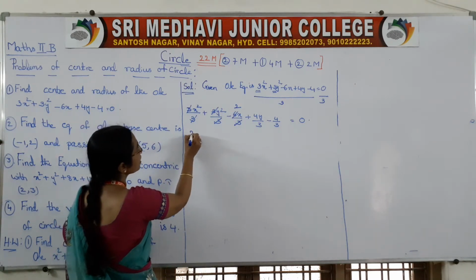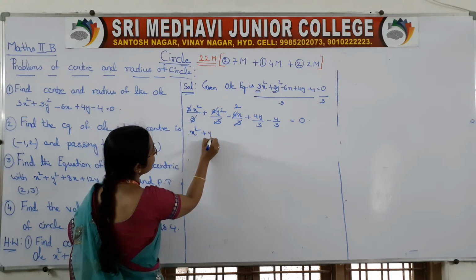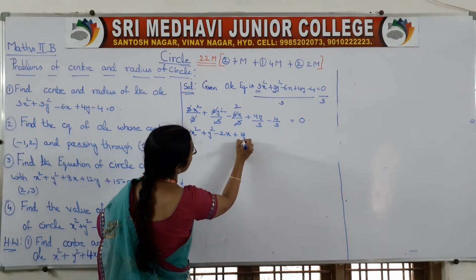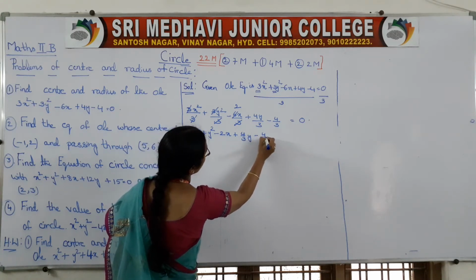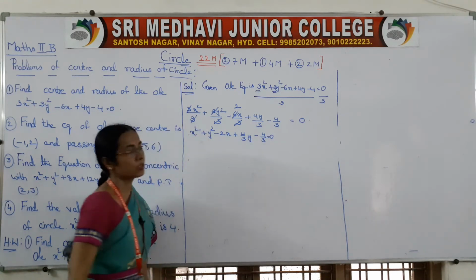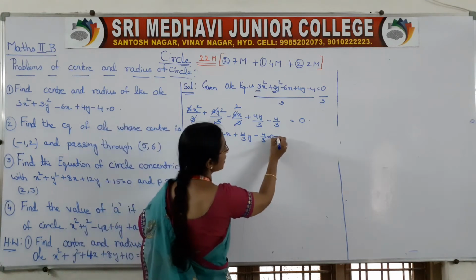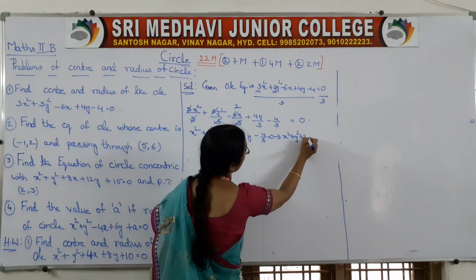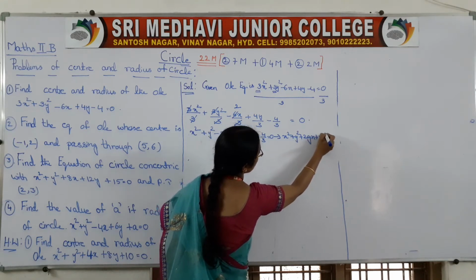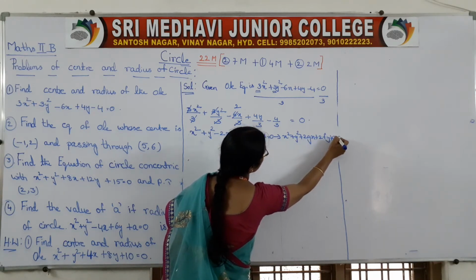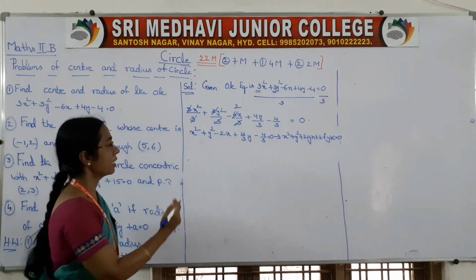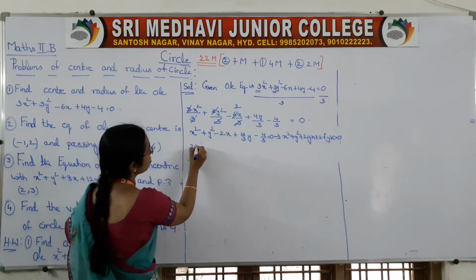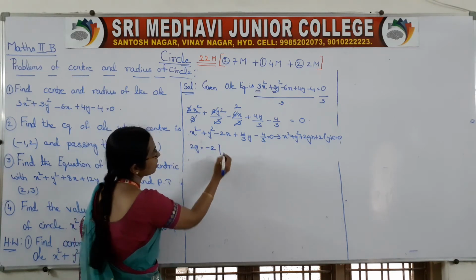Now, your equation is x square plus y square minus 2x plus 4 by 3 y minus 4 by 3 is equal to 0, which is exactly in your general form x square plus y square plus 2gx plus 2fy plus c is equal to 0. Just compare: x term is 2g, so 2g is equal to minus 2.